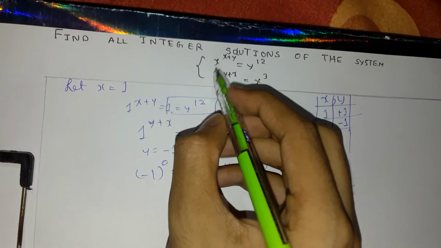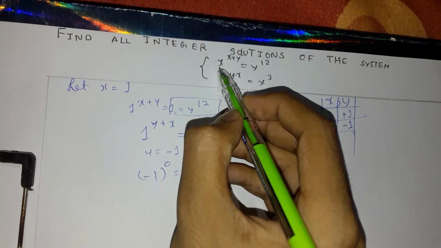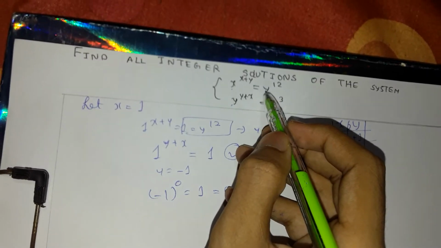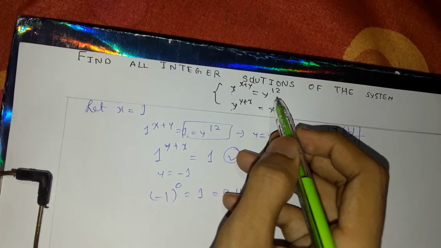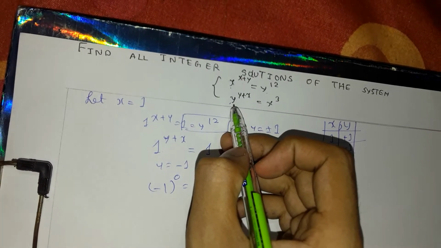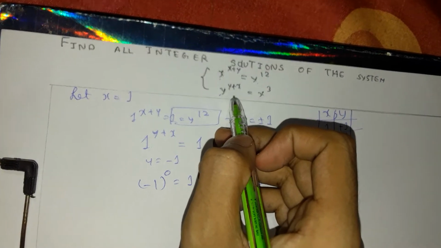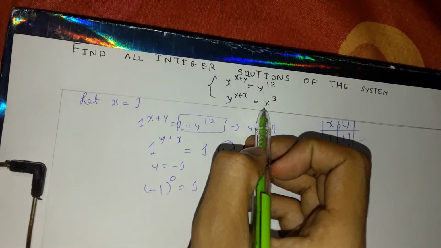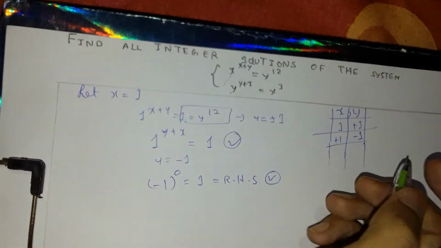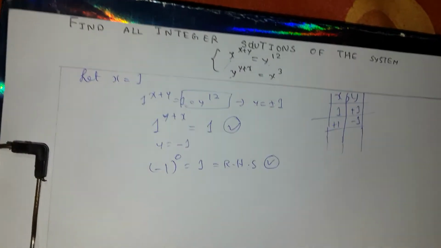Now if I plug in x equals minus 1 and y equals minus 1, then minus 1 to the power minus 2 is 1, and y to the power 12 is also 1. But in the second equation, I get minus 1 to the power minus 2, which is 1, and x cubed is minus 1. Now this part is not matching, so x cannot be minus 1.